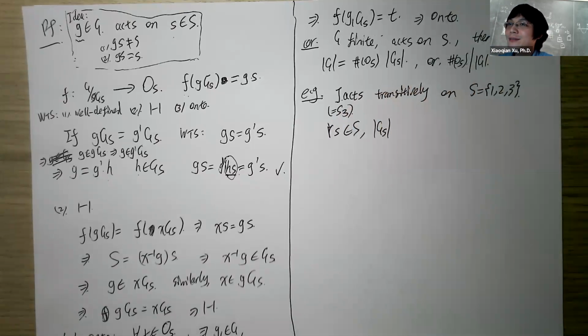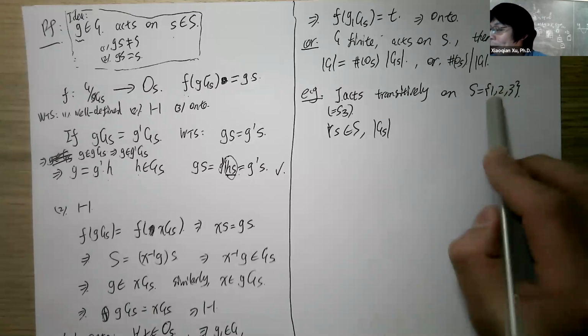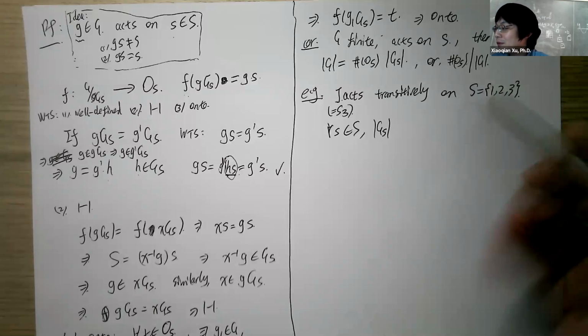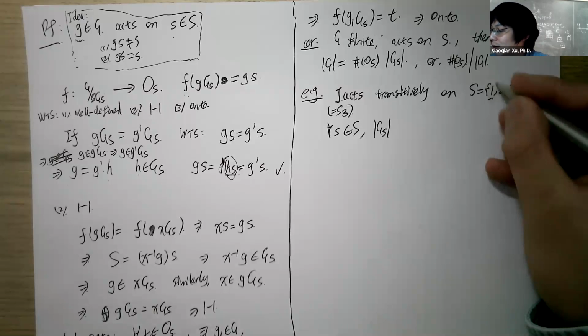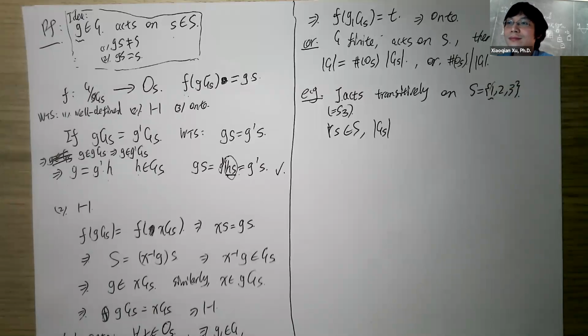What is the order of the stabilizer of this s? For instance, how many maps can you find that could be a stabilizer of 1? How many? What's the order? Anybody know? What is the order of this stabilizer?